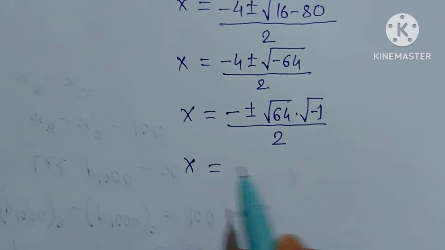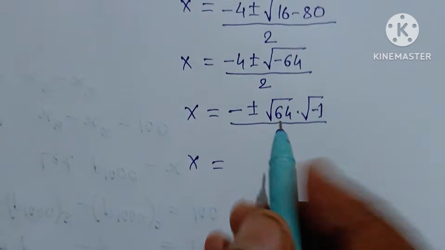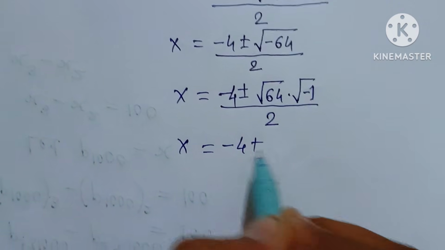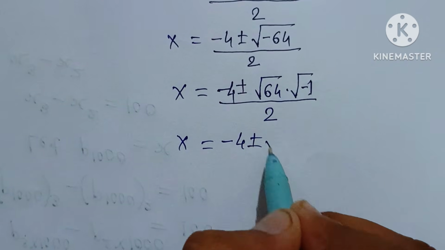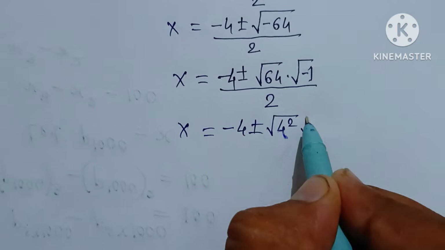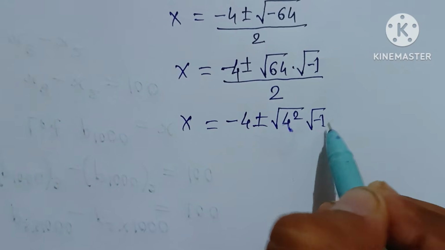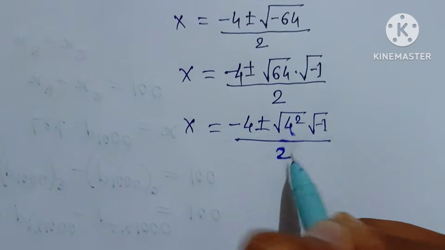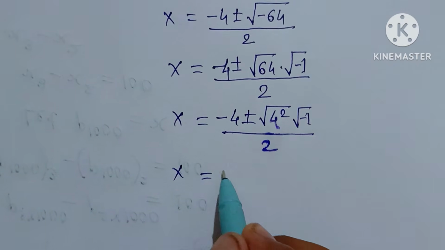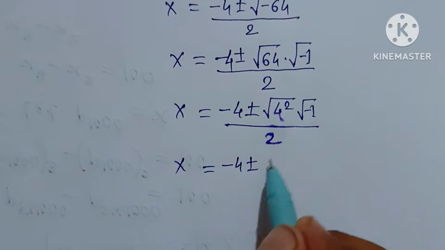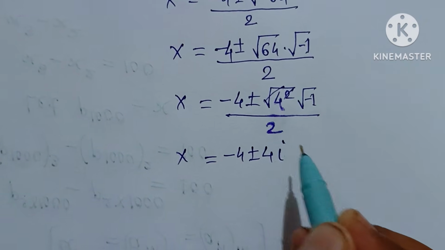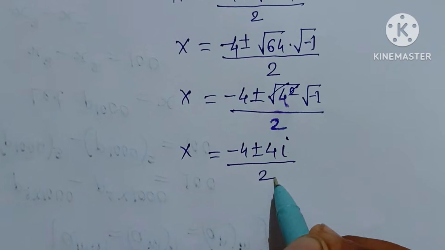Now x equals, here we have to write, -4 ± √64, which is the square of 4 (sorry, 8 squared), into √(-1), which is i, divided by 2. Then the value of x equals -4 ± 8i divided by 2.